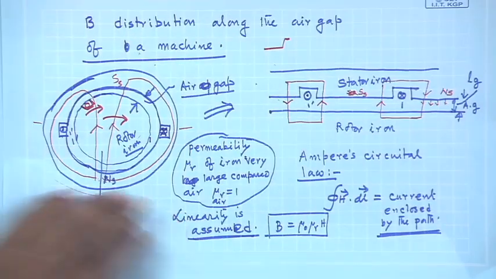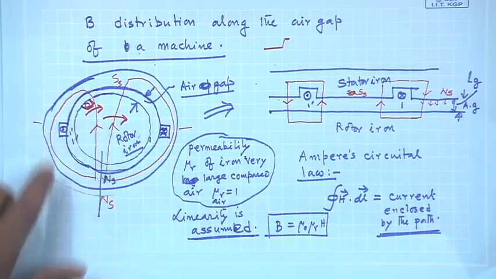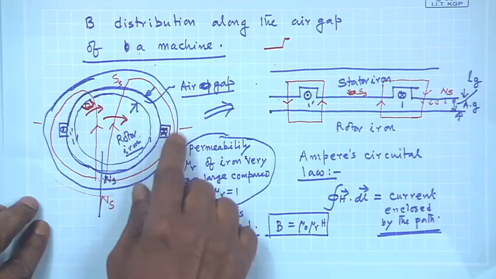We were discussing the B distribution along the air gap of a rotating machine. We considered a single stator coil, only a single coil, which can have multiple turns.